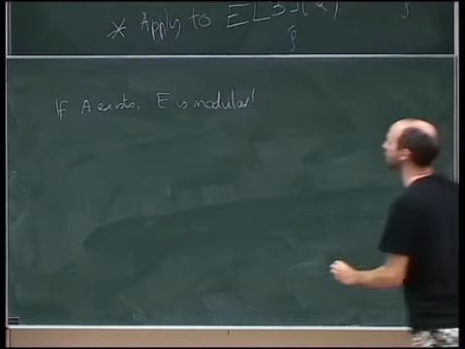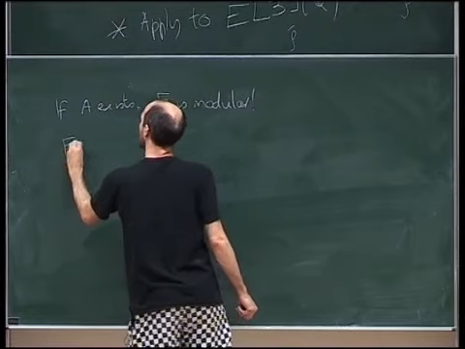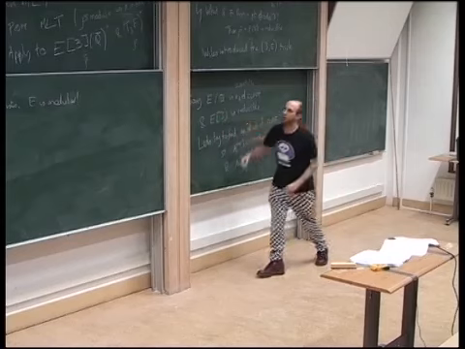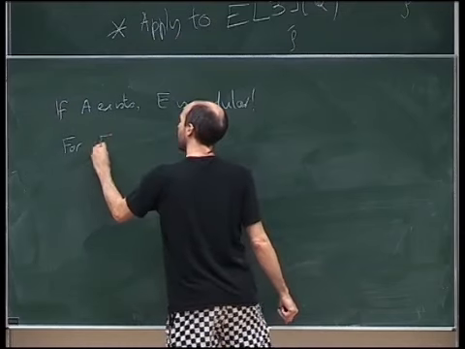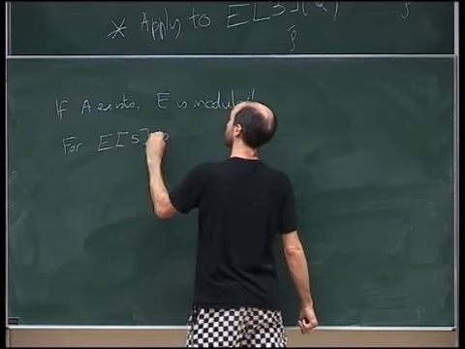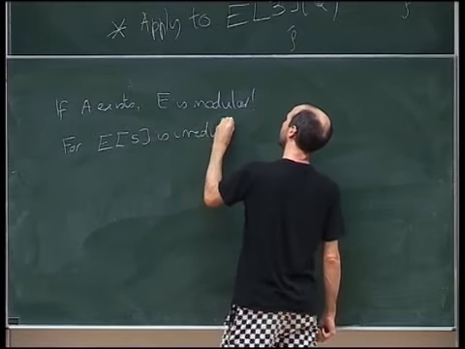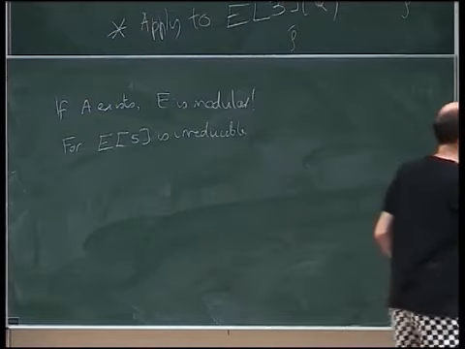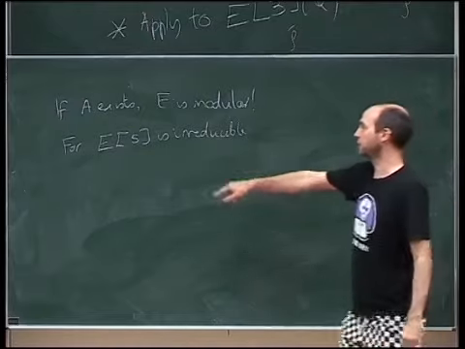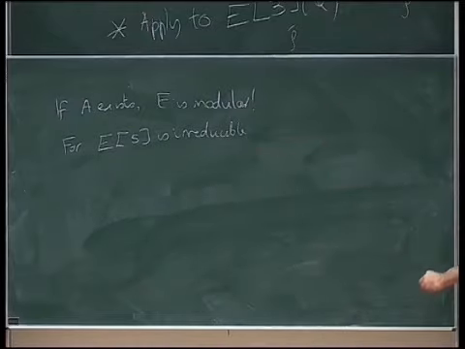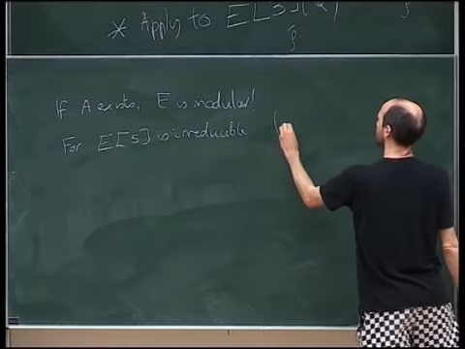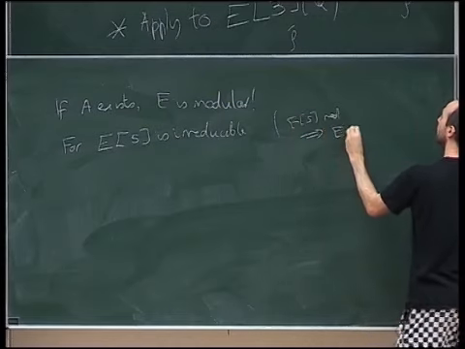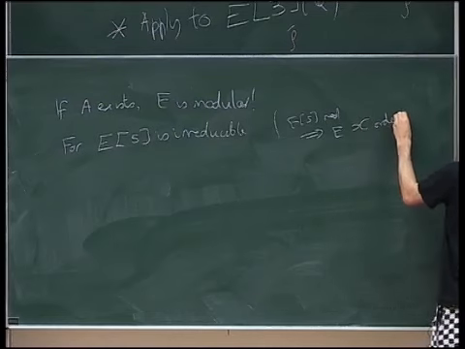Here's the argument. I assumed that the 3-torsion was reducible, and that implies that the 5-torsion is irreducible. Why is that? Because if the 3-torsion were reducible and the 5-torsion were reducible, this elliptic curve would have a subgroup of order 15. So E[5] reducible implies that E has a subgroup C of order 15.